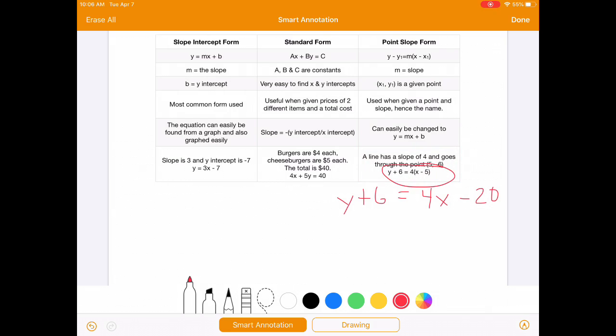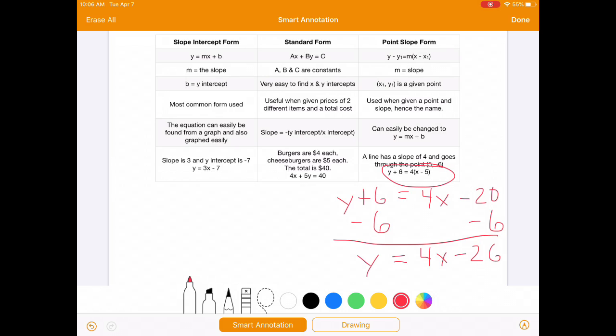And then to get y by itself, which is kind of the goal of slope-intercept form, we need to subtract the 6. We cannot subtract it from 4x because they're unlike terms, so we're going to subtract it from that negative 20. And we end up with y equals 4x minus 26. So that would be how we could change point slope form into slope-intercept form.